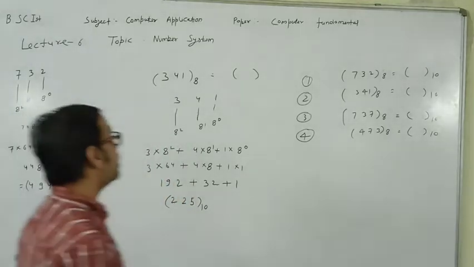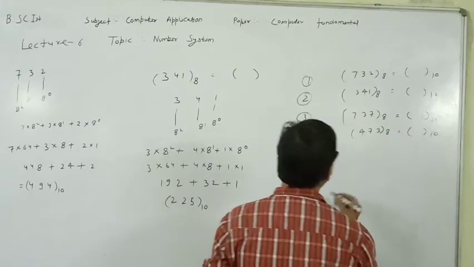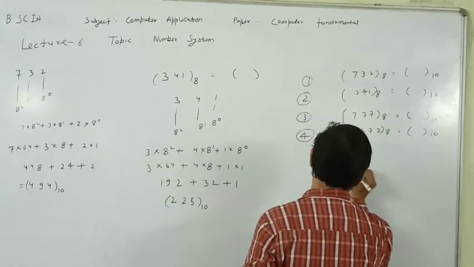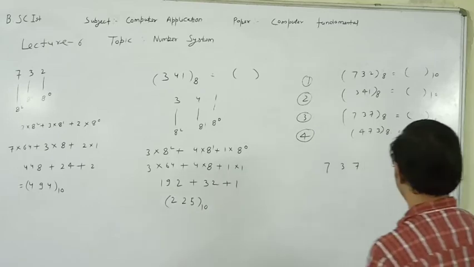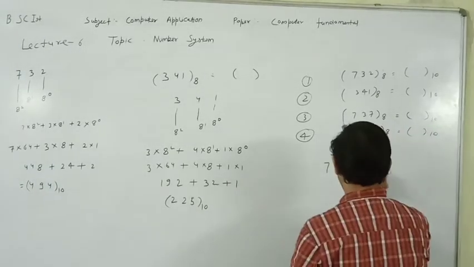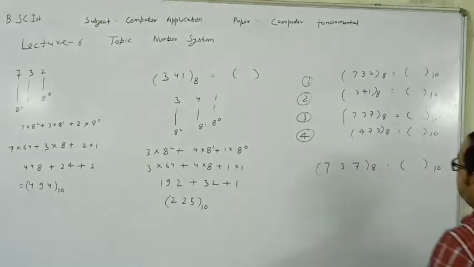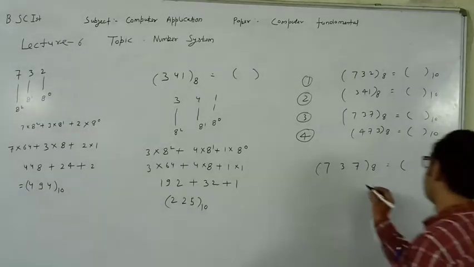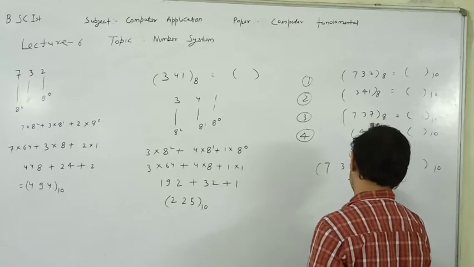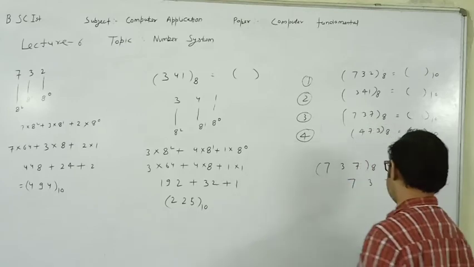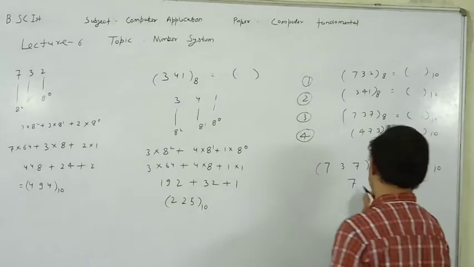Now take question number 3, 737 base 8 to base 10. So write the number 737 and take the place values.